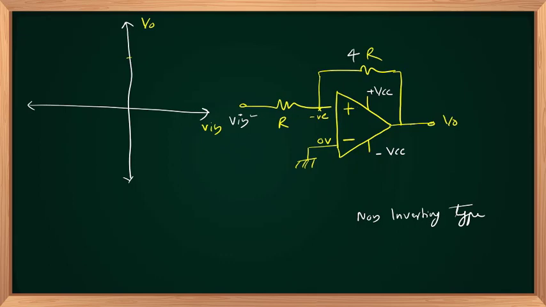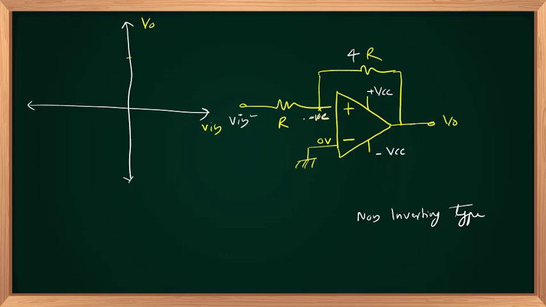To begin with, let us assume V in is minus infinity. So an extreme negative value here ensures a negative value here. So V minus is at 0 volts.